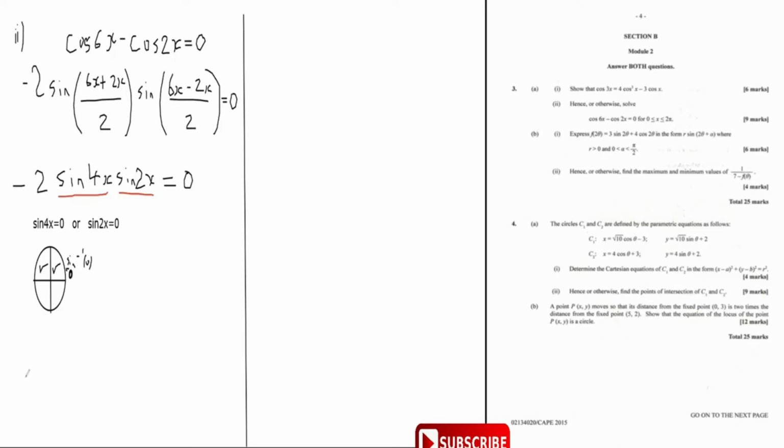So what you're getting then is 4x is equal to 0, or 4x is equal to pi minus 0, which is pi. But remember now, since it is 4x, you want your answer to be between 0 and 2 pi.